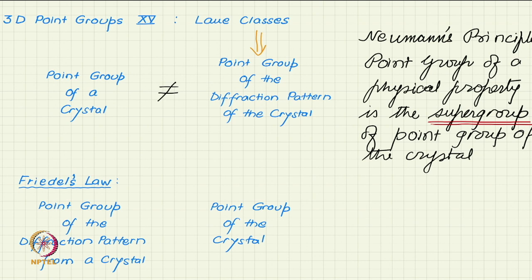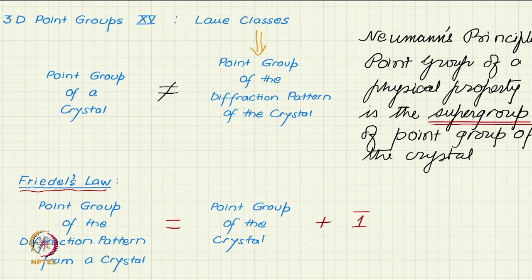The same thing is true for the diffraction pattern also. The diffraction pattern will have all the symmetry of the point group of a crystal, but it can have more. And there is another law called Friedel's law, which tells what that more is, and it shows us that the point group of the diffraction pattern of a crystal is the point group of the crystal plus a center of inversion.